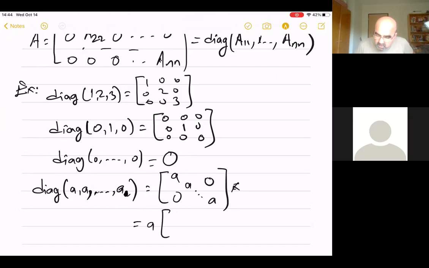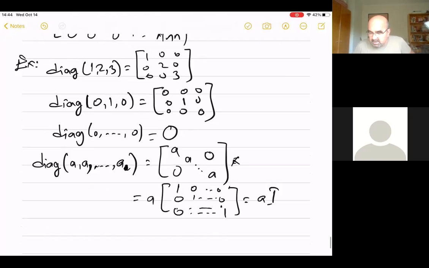It is 1, 0, 0, 0, 1, 0, 0, 0, 1. So it is a times the identity matrix. I don't specify the size, but if there are n a's, it is In. In general we write I, but sometimes we may write In to denote the size.